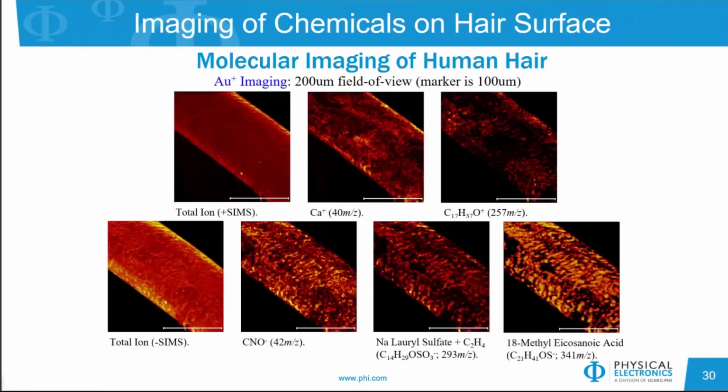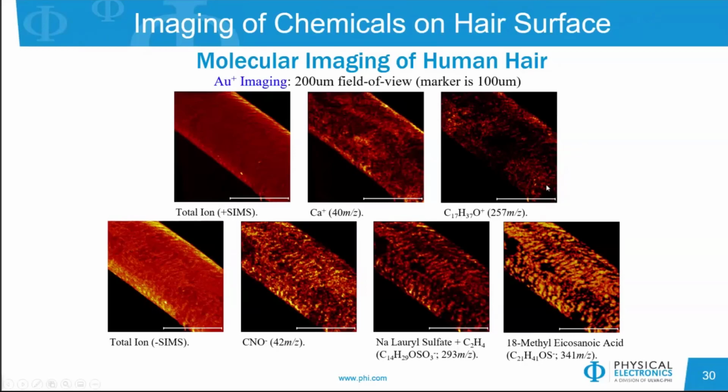Another example of how TOF-SIMS can be used is imaging different chemicals present on hair from shampoo and conditioner treatments. Looking at positive ions of the hair, which is roughly about 125 microns in diameter, we can see from the positive SIMS, looking at calcium, how it's present on the surface, as well as this hydroxyl group.